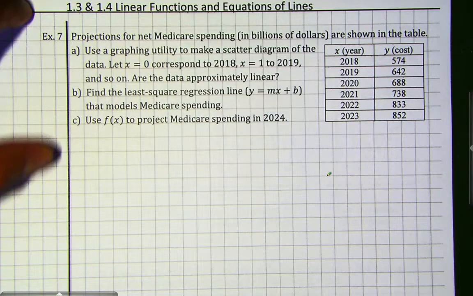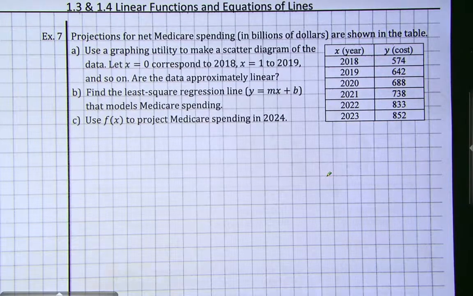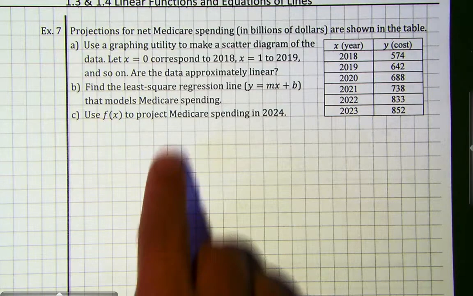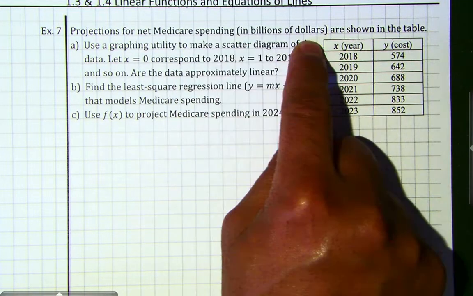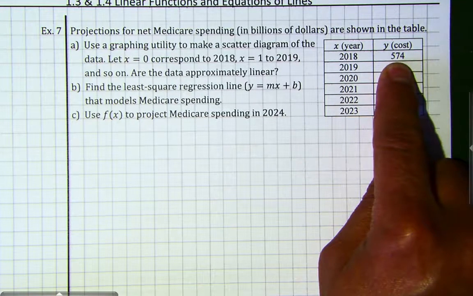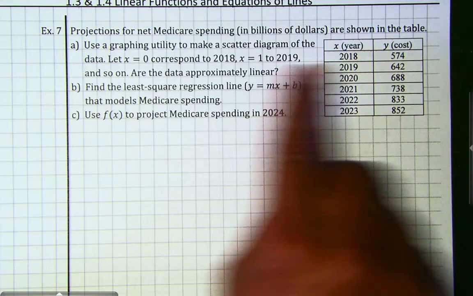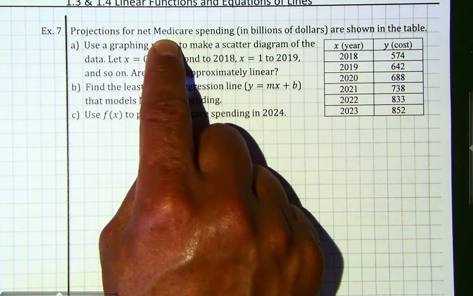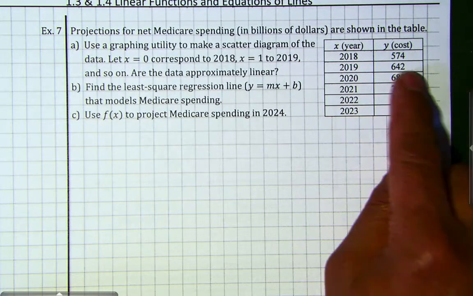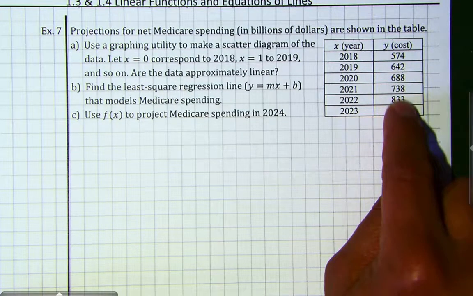Example number 7. Go ahead and take the time to copy it down or paste it, and then we can continue once you are ready. Go and pause it. Projections for net Medicare spending in billions of dollars are shown in the table. So in 2018, the cost of the Medicare program was $574 billion. 2019, $642 billion, and it's projected to continue to increase.